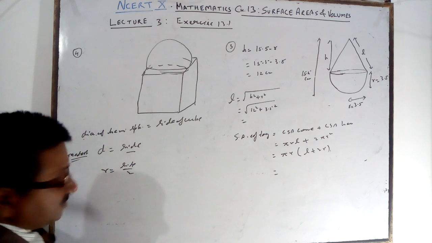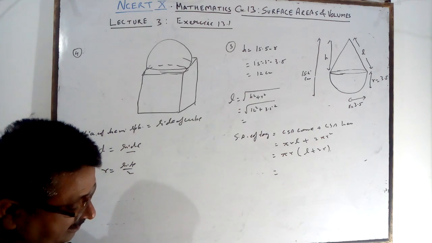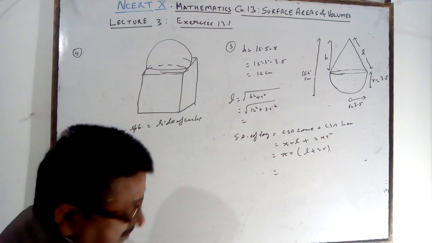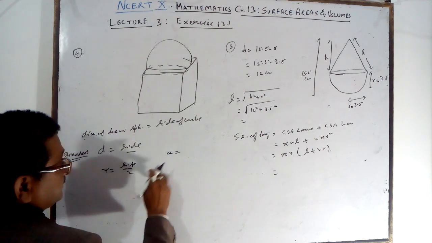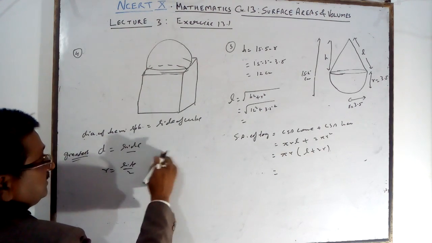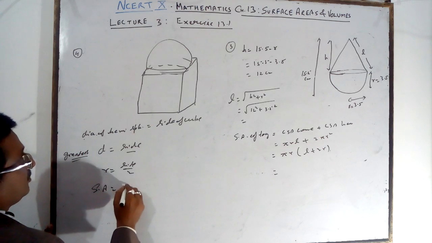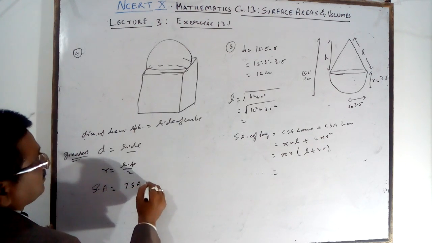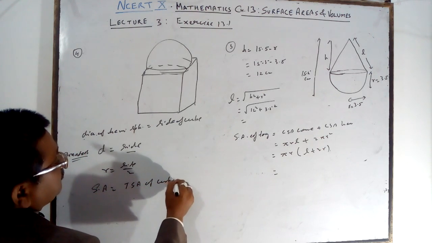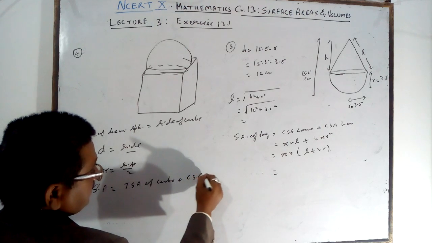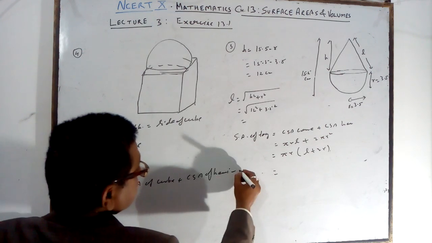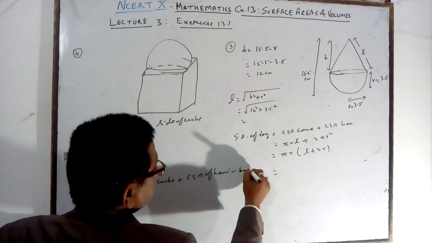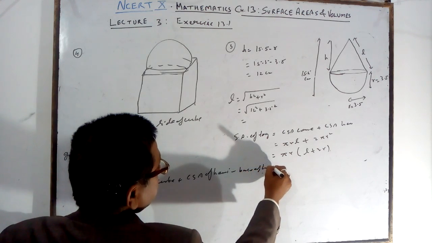Find the surface area of the solid. So a is the side. Surface area is equal to TSA of cube plus CSA of hemisphere minus base area of hemisphere.